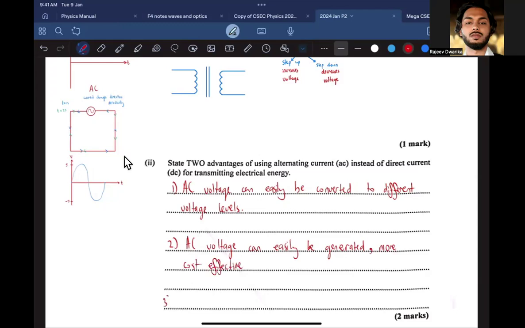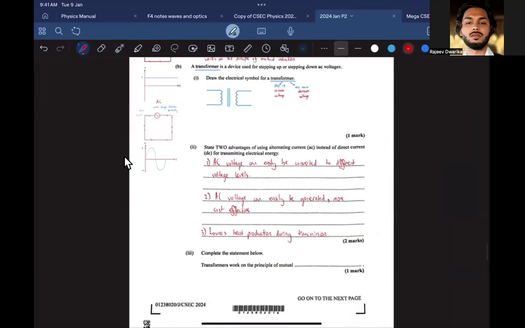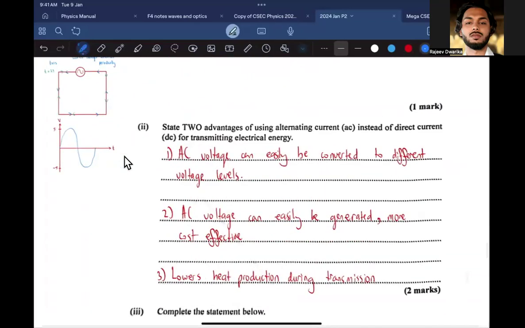And the third reason, it lowers heat production. So I gave 3 reasons. You only have to say 2. These are the easiest ones to remember.